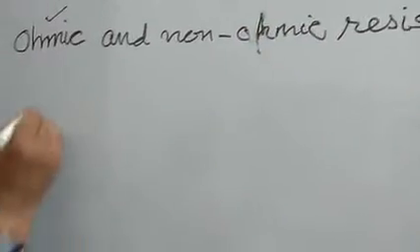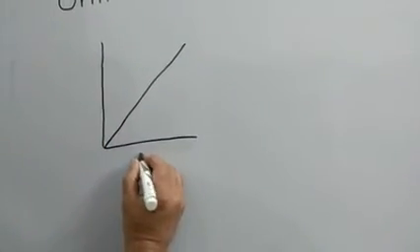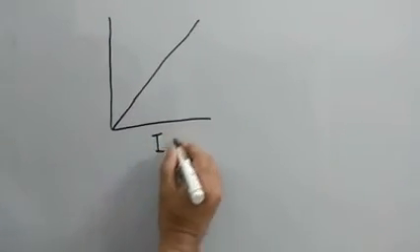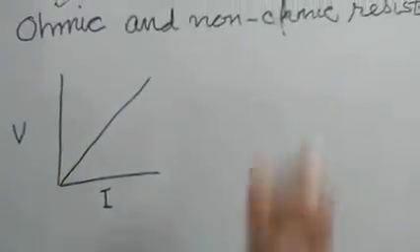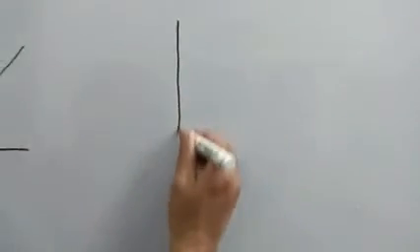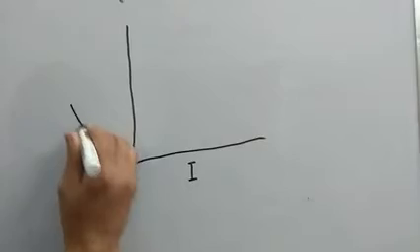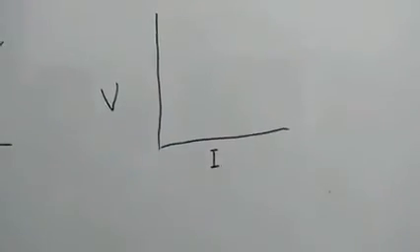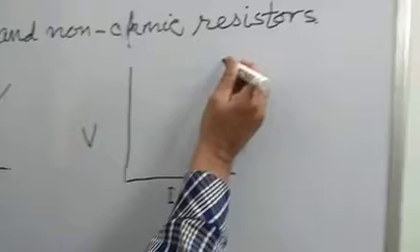That means if you draw a graph, which we had done a little earlier, between I and V, it must be a straight line. This is for an ohmic resistance. For a non-ohmic resistance, the same graph, I versus V, will not be a straight line; it will be a curve like this.